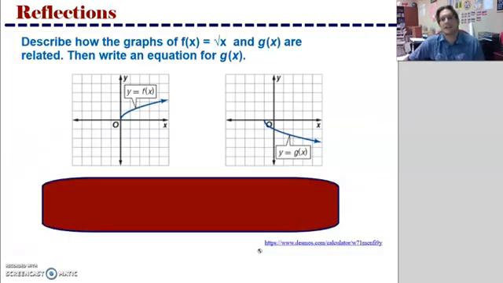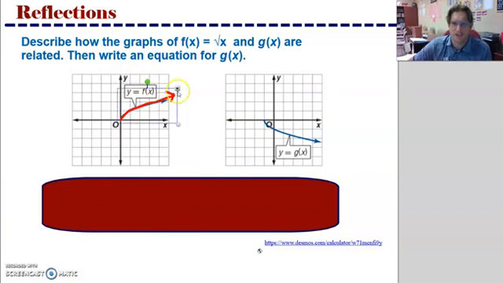All right, so looking at our parent function, the square root of x, describe how these two are related. I'd like you to look here. How do we go from f of x to g of x? Well, it appears we are going to have to first do something and then do something else. Hopefully you remember your order, but let's talk about it.